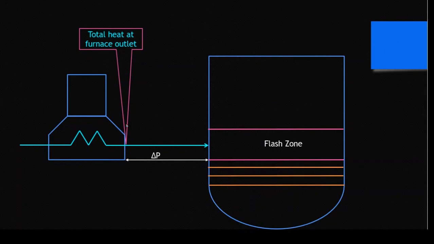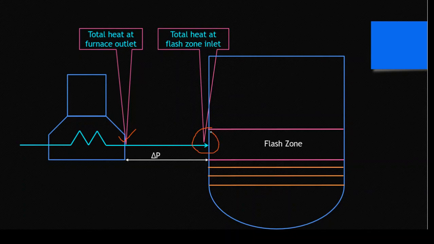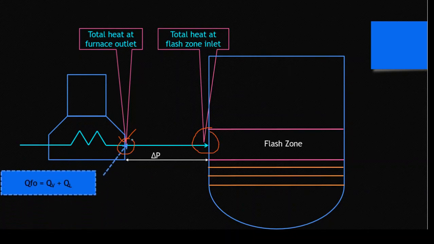The total heat at the furnace outlet is basically what we are going to evaluate, and the total heat at the flash zone inlet we are also going to evaluate. At the furnace outlet, we have to find the heat associated with the vapors and the heat associated with the liquids.